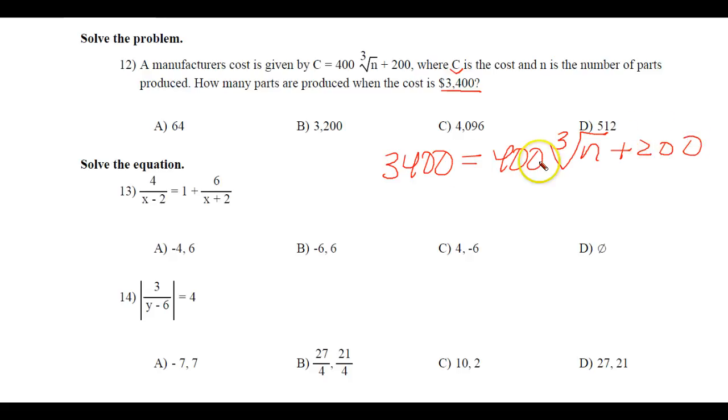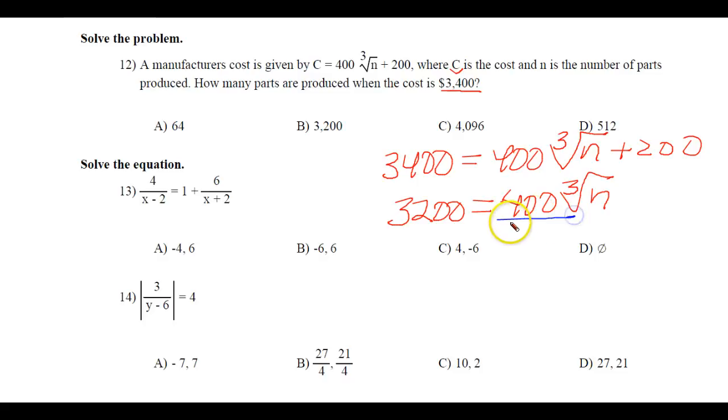We subtract 200 from both sides. We then try to isolate our radical, which we want to do, by dividing both sides by 400. We get the third root of n equals 8.